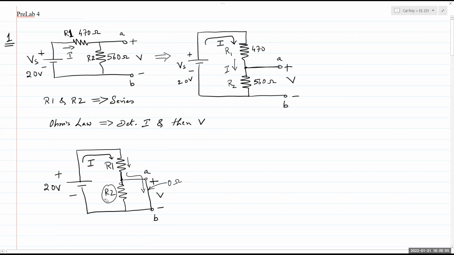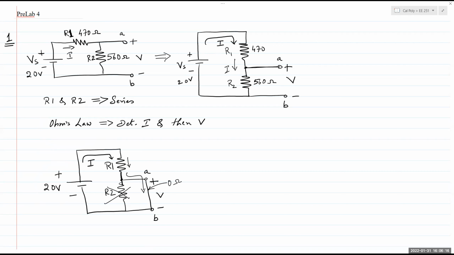So R2 is effectively removed from the circuit. It may as well not be part of the circuit at all. So now you have one voltage source and one resistor, you again apply Ohm's law, and you calculate the current I. And that's it. That is problem one.